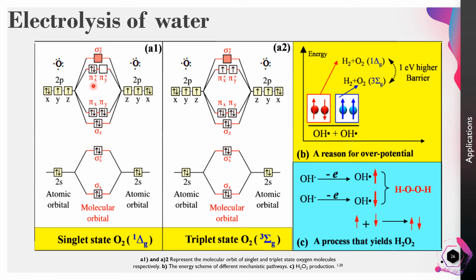As we see in this highest occupied molecular orbital, in the singlet state, the electrons are paired anti-parallel to each other, and in the triplet state, these degenerate electrons are parallel to each other. And the triplet state is the most stable, and it'd be the preferred product.